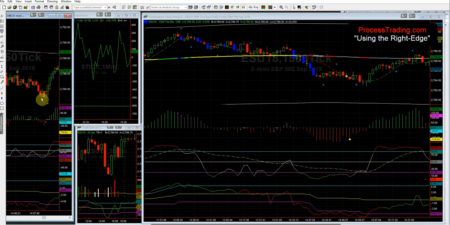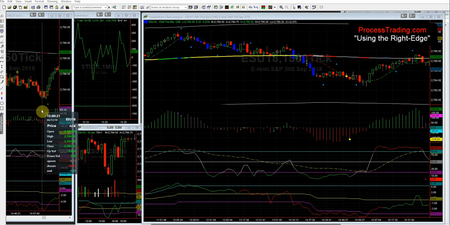On the 1500 bar, we also had on the cinnamon oscillator, well, actually, the 750 did not help us that much. So at least it didn't help us by telling us we're wrong.